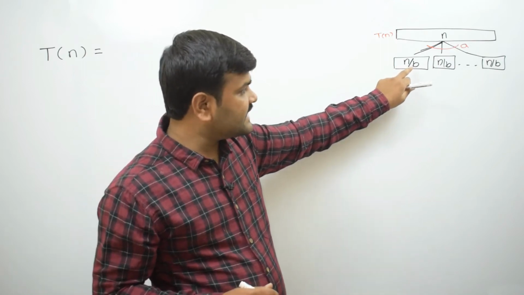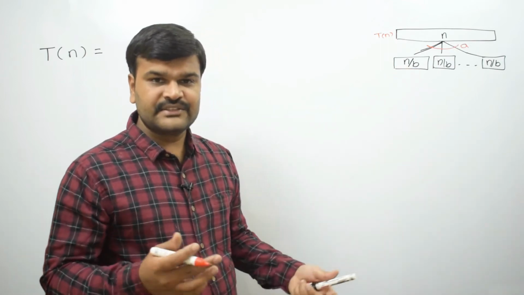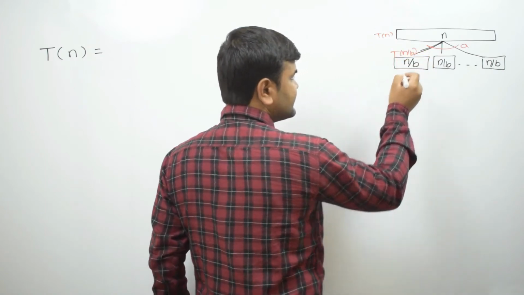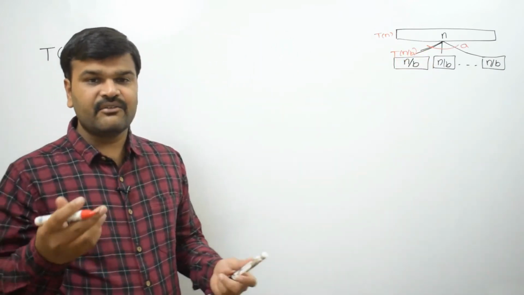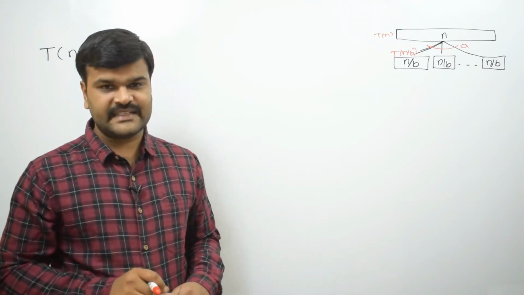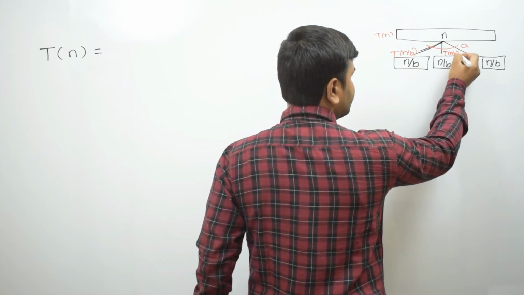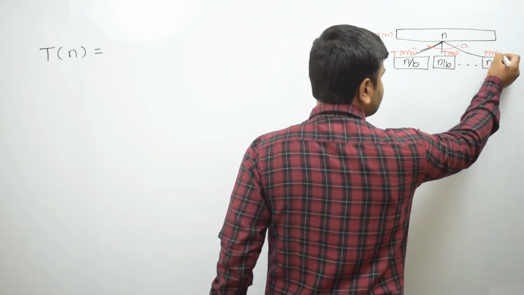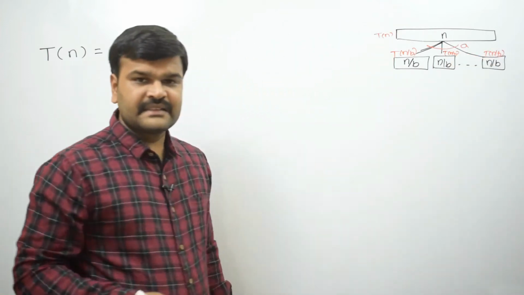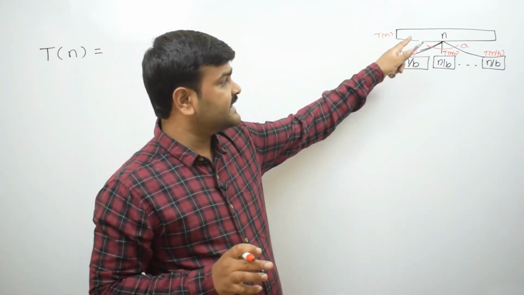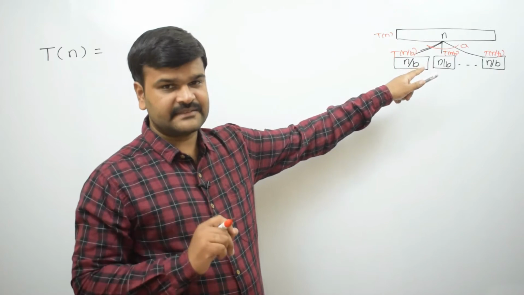So the time complexity for this will become T of n by b. The function is the same but the input size is varying. That is what we have to understand, right? So here T of n by b, this is also T of n by b, T of n by b. Try to understand clearly. The main problem's given size is n, the input size is n.